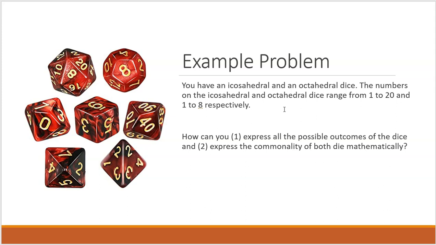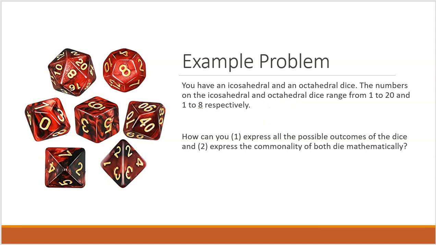And then secondly, we want to be able to express the commonality between both dice. Right now we don't quite have the tools in our toolbox to be able to do this in a universally accepted mathematical convention. But we're going to learn some notation today that will allow us to do this.